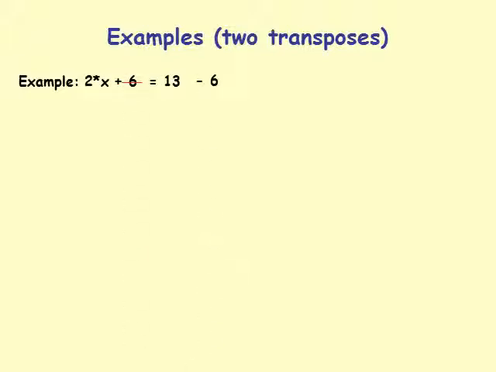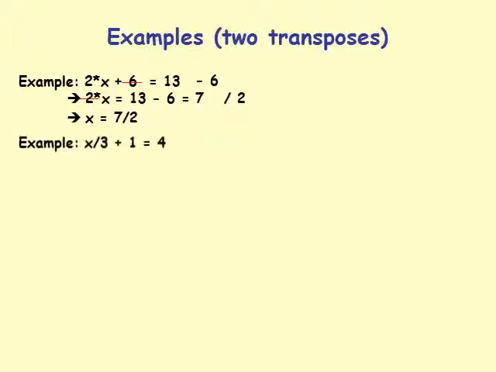So we have 2x equals 13 minus 6, which is 7. Now I move this multiply by 2 to the right across the equal sign, and it becomes divided by 2. That means x is 7 by 2.